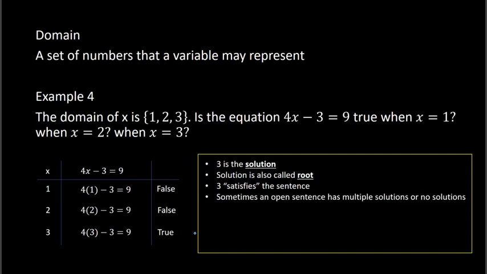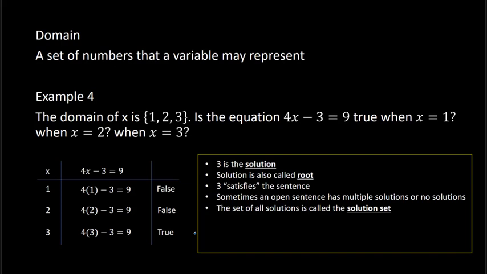Sometimes an equation could have multiple solutions or no solutions. If there are multiple solutions, or even if there's just one, the set of all the solutions is called the solution set. So that's another term to know.